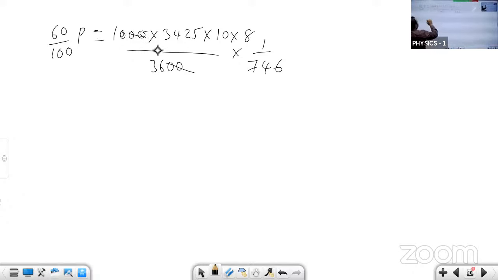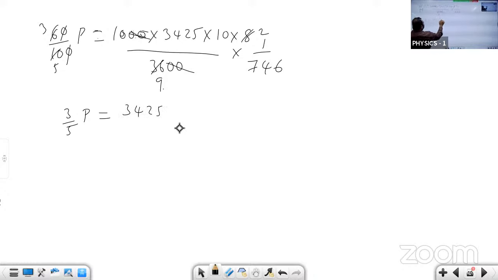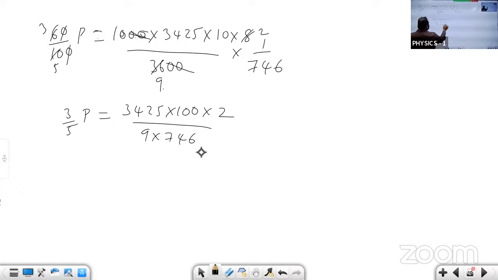The two zeros cancel. 4 twos are, 0, 0 cancel, 2 threes are, 2 fives are. 3 by 5 P equals 10 into 10, 100, 3425 into 100 into 2 by 9 into 746. 7 fives are, 7 fours are, approximately 4.5.